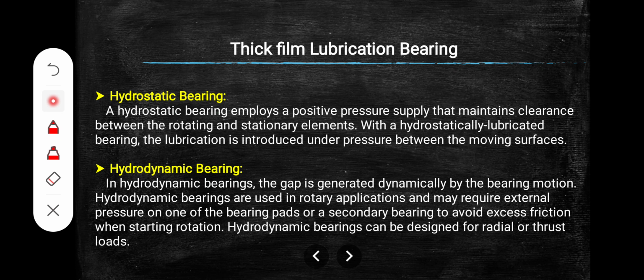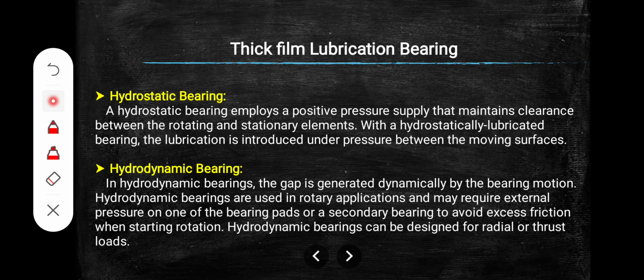In hydrodynamic bearing, pressure is generated, and it is mainly used in rotary applications. But at starting, in hydrodynamic bearing, we require external pressure on the bearing pads or a secondary bearing to avoid excess friction when starting rotation. This type of bearing is used in turbine applications, where at the starting of the turbine external pressure is required.